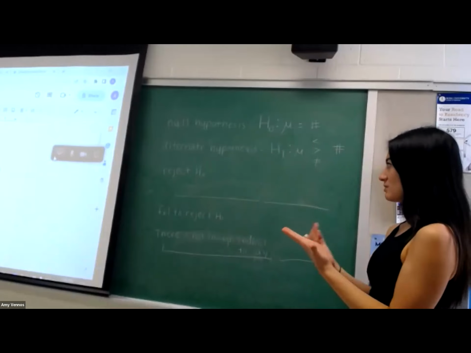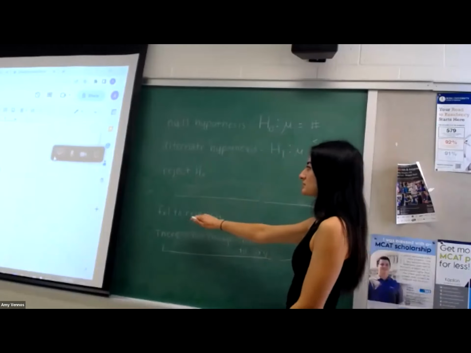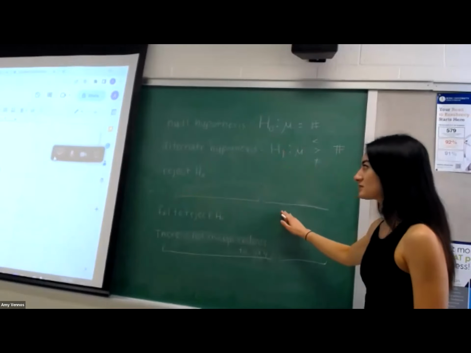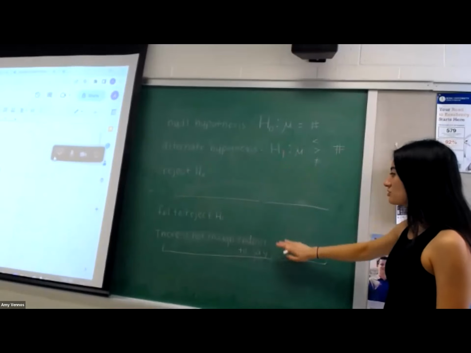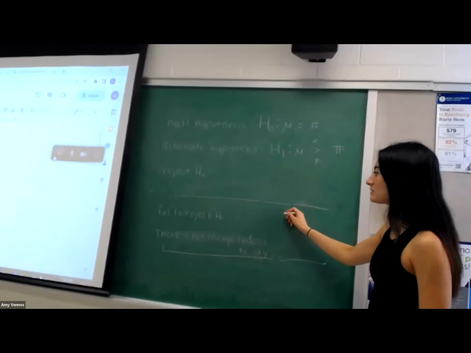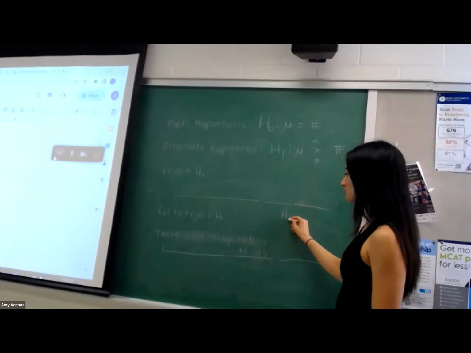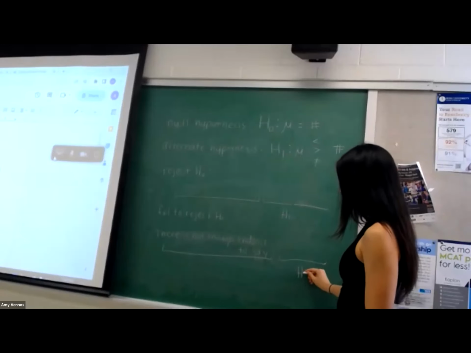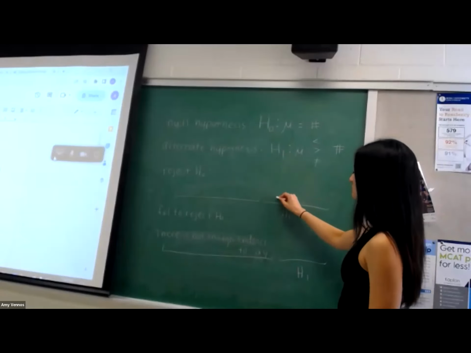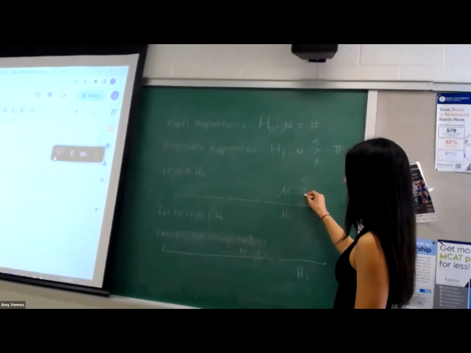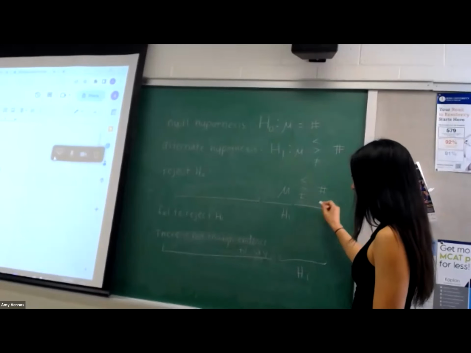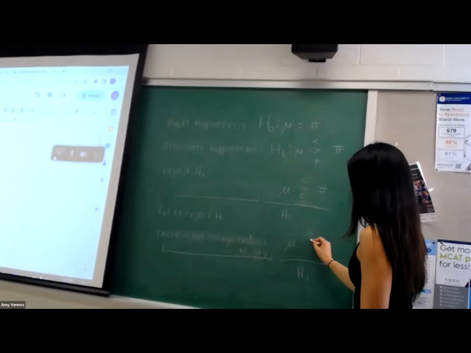And the way I like to remember things is to just kind of fill in the blanks. We're piecing together two parts of a sentence when we write our conclusion. And no matter what the question is, the end of the sentence is always going to be the alternate hypothesis or H1, okay? So mu is less than, greater than, or not equal to a number is always going to be at the end of the sentence, okay?